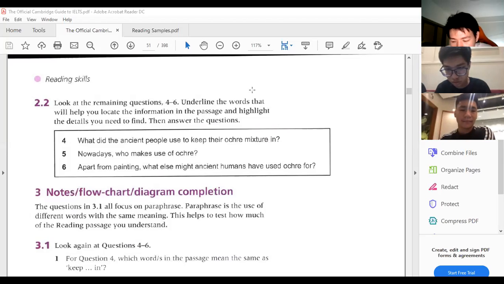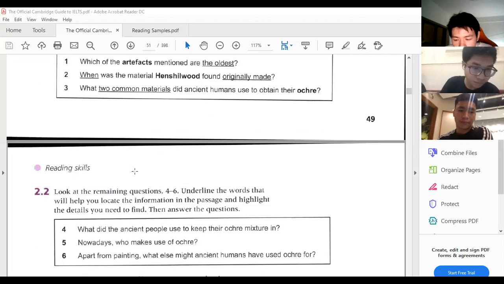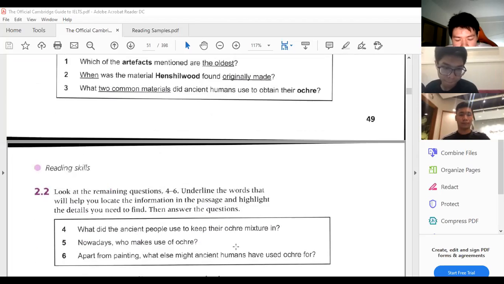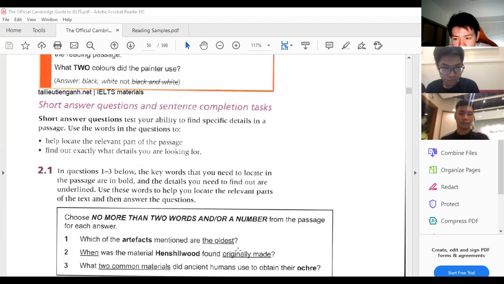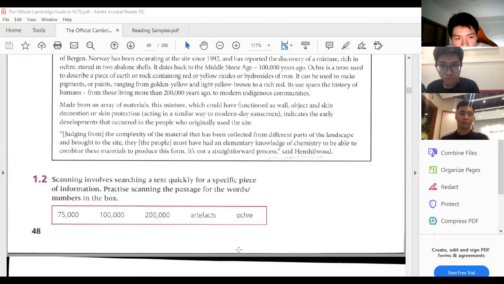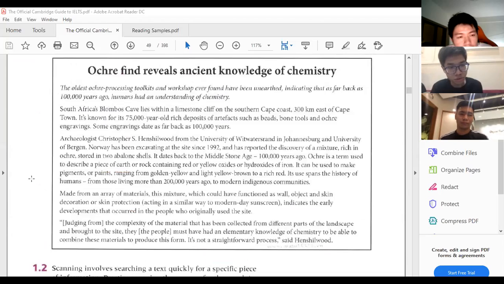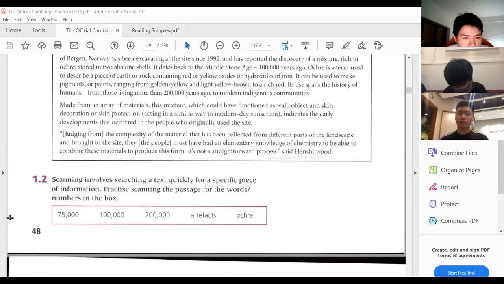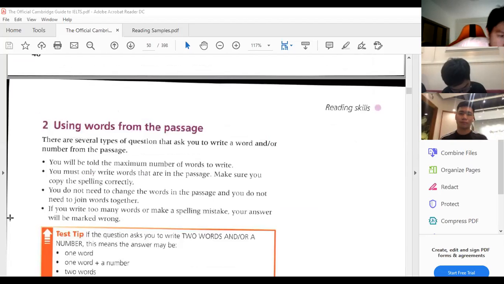Very good. So use your notes and your tips from earlier, and find the answers to these three questions in our text. You know where to search, like ancient people and keep the mixture in, and nowadays, who makes use of ochre. So get the answer. Let me take a picture of the questions as well.